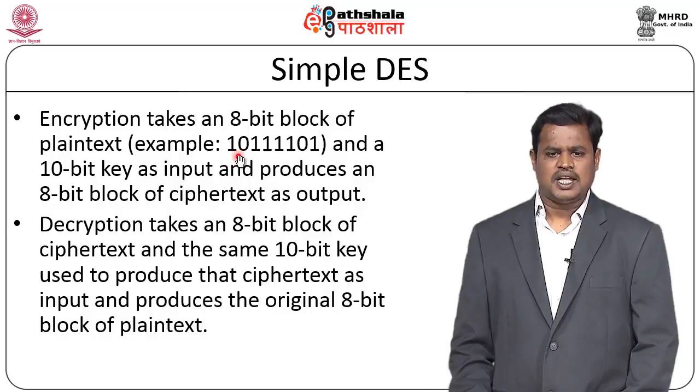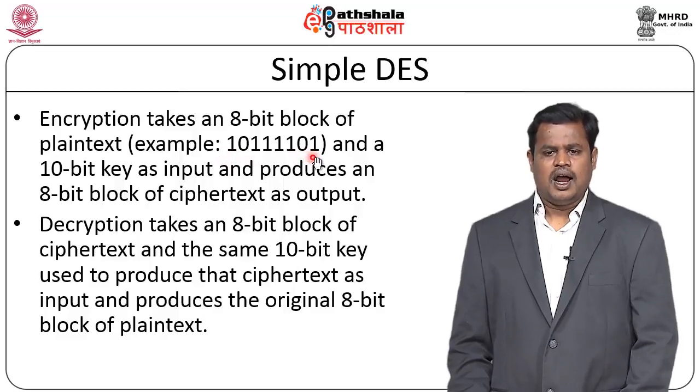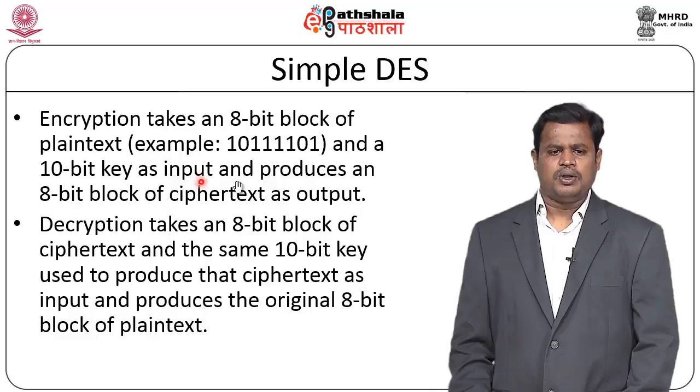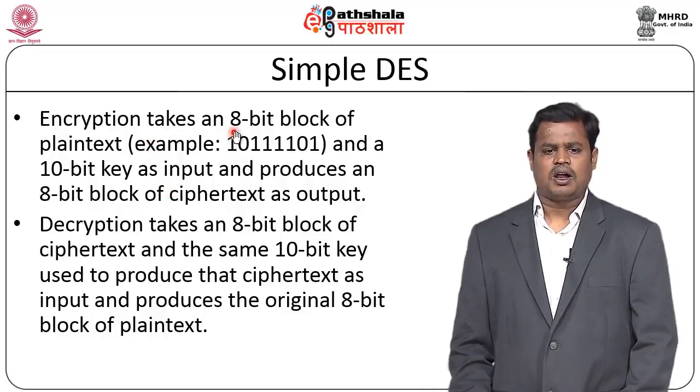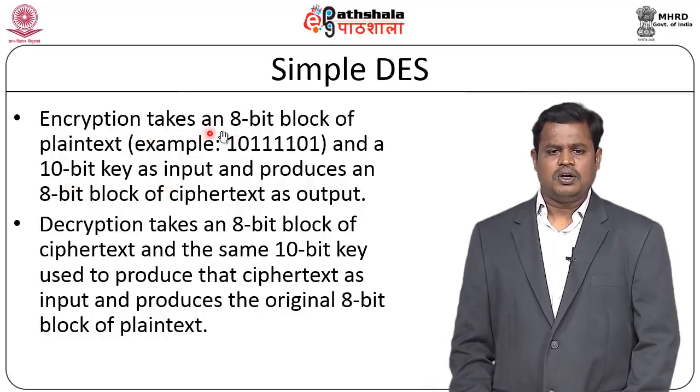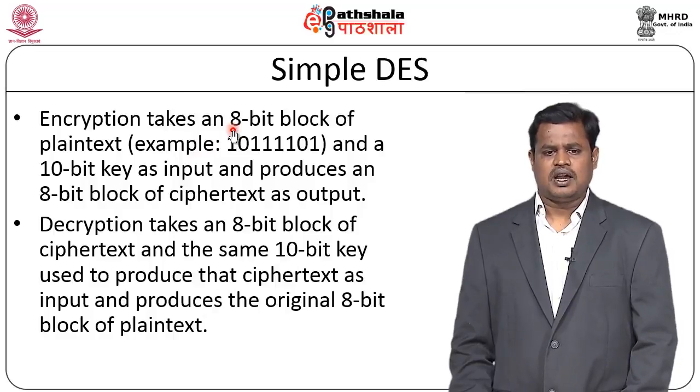For example, here 10111101, totally 8 bits, and a 10-bit key are the input, producing an 8-bit block of ciphertext as output. So instead of a 64-bit block and 56-bit key, we study simplified DES with a smaller 8-bit block and a smaller 10-bit key, and from these inputs we get an 8-bit ciphertext block.